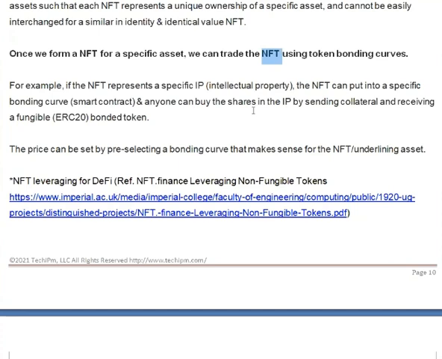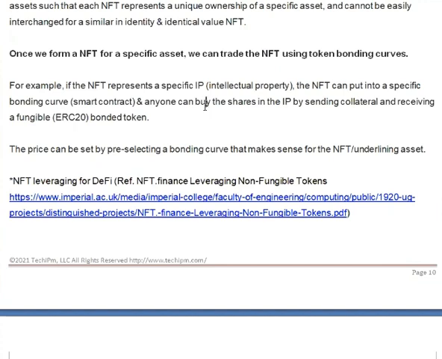Mostly I'm interested in patents, which have a unique value. You put it into an NFT, and then you can monetize your IP NFT using this concept. I'm going to cover this in more detail in another webinar.